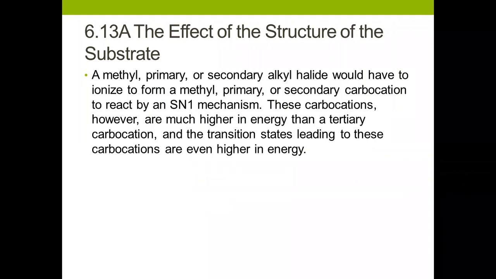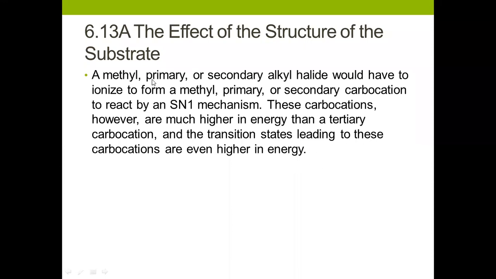So a methyl, primary, and secondary alkyl halide would have to ionize to form a methyl, primary, and secondary carbocation to react by an SN1 mechanism. These carbocations, however, are much higher in energy than a tertiary carbocation, and the transition states leading to these carbocations are even higher. So we've learned, of course, that the most stable carbocation can be formed with a 3-degree alkyl halide, because the carbocation to be formed is stabilized.